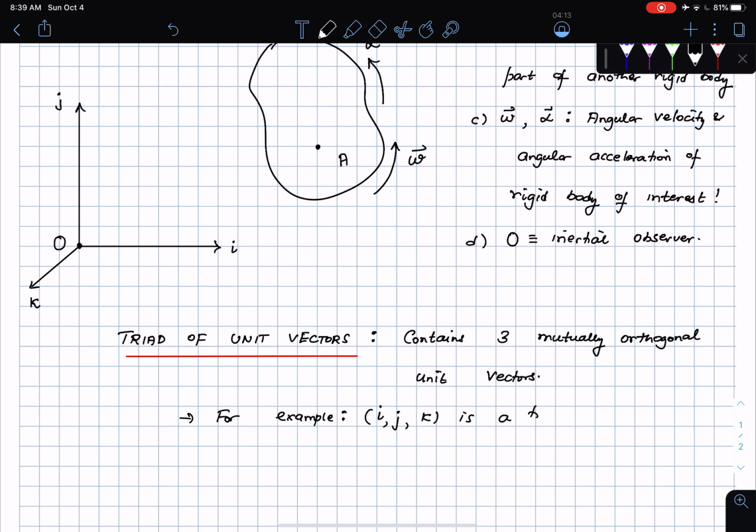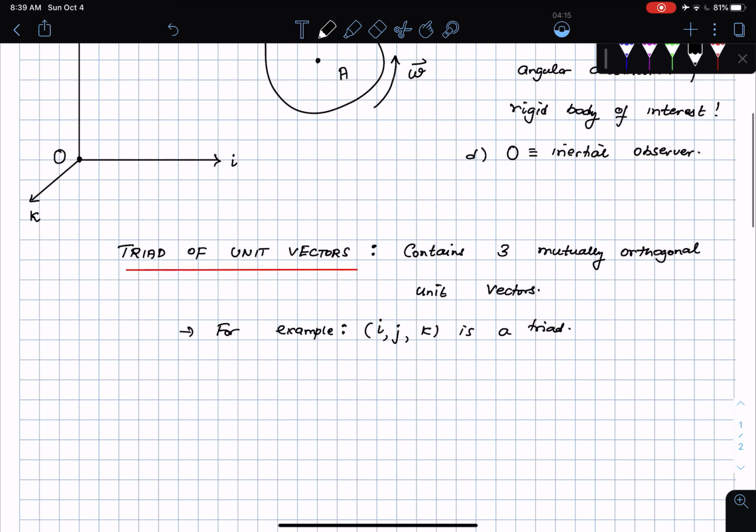The general rules of the triad is that if I take the dot product of i with j, this is 0, and if I take the dot product of j with k, this is 0, and k with i, this is 0.